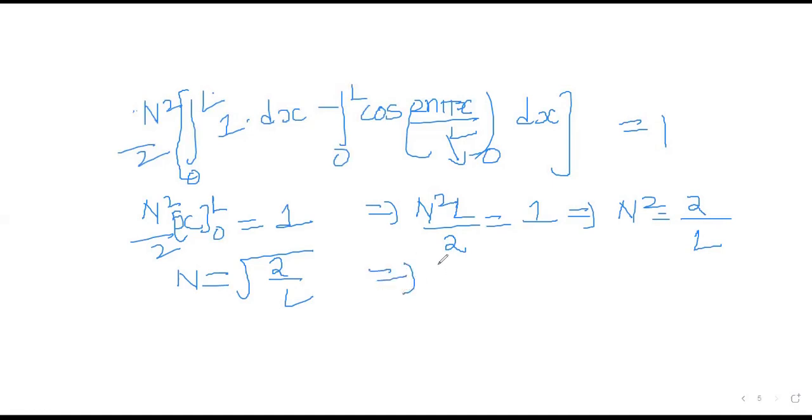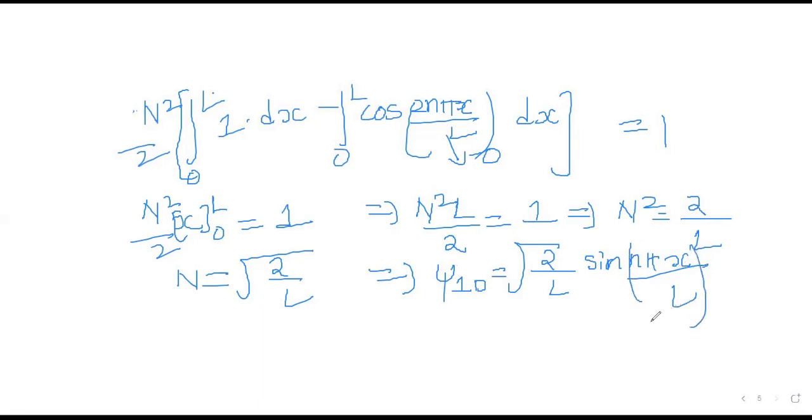So the wave function in one dimension can be written as psi equal to root 2 by L times sine n pi x by L. This is the value of the wave function we got for the particle in a potential box.